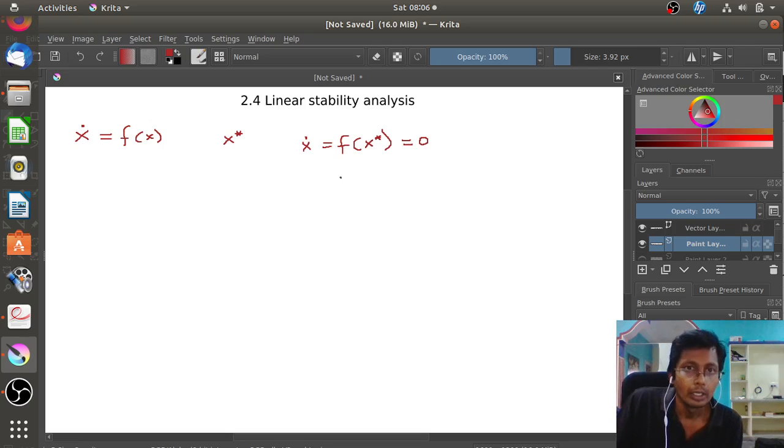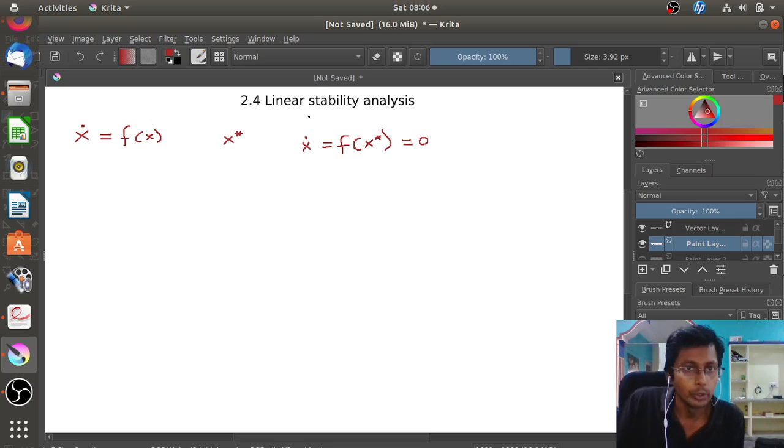Here we are going to use linear stability analysis, which is one of the analytical methods to classify what kind of fixed point that is, whether it's stable or unstable.